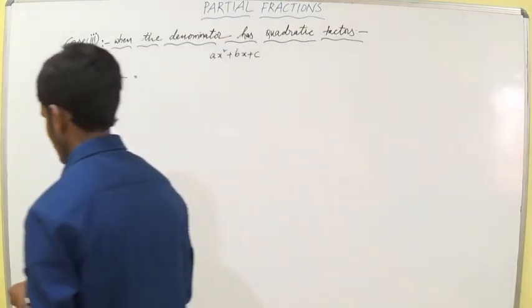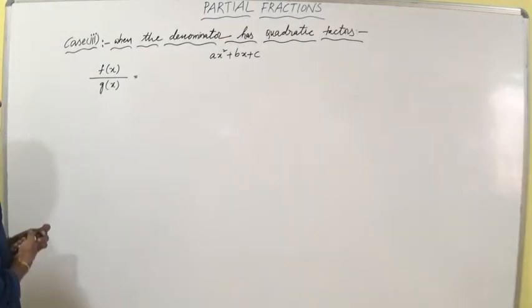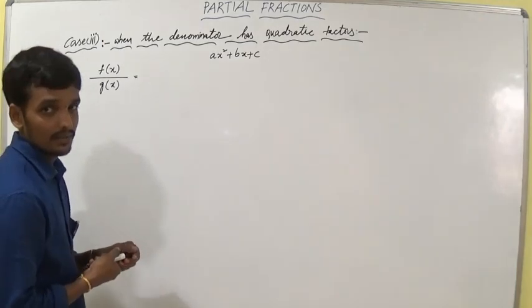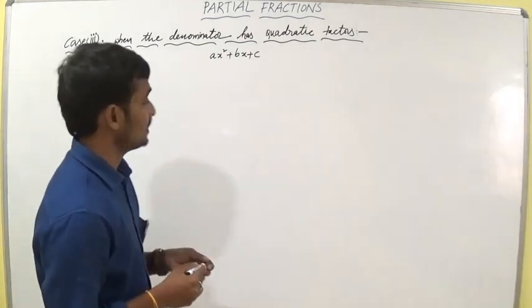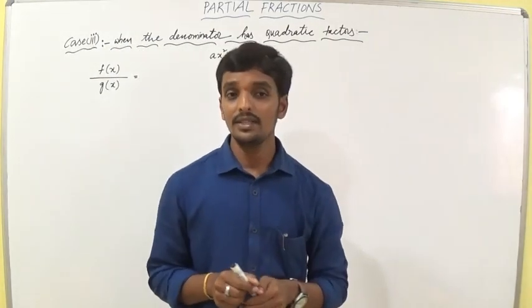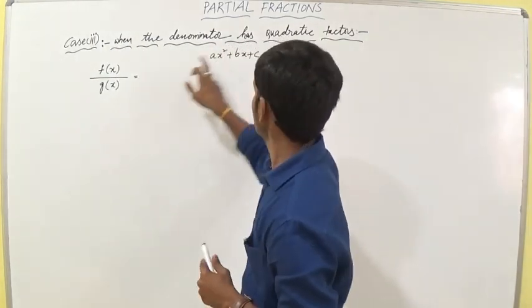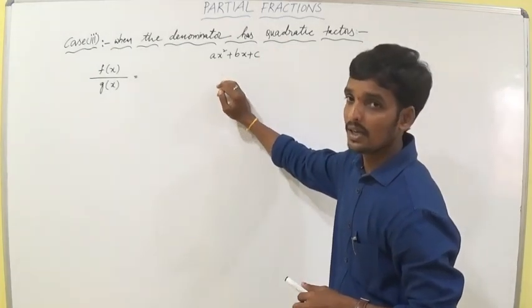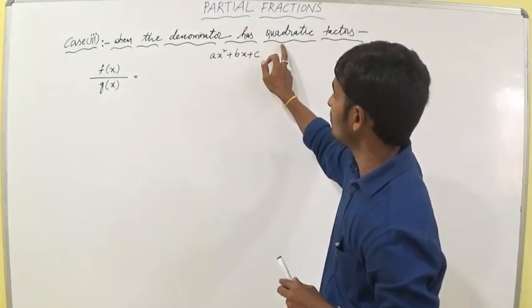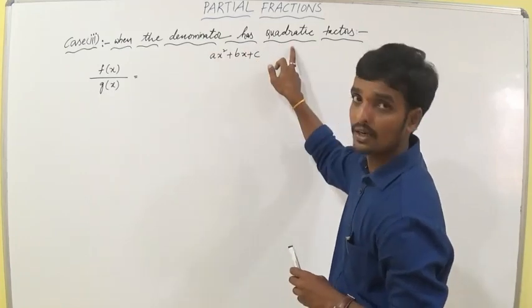For example, f of x by g of x is a function. F of x is the numerator and the denominator is g of x. This g of x is a quadratic function. It is not a linear factor. It is a quadratic, so the topic we are discussing is quadratic.